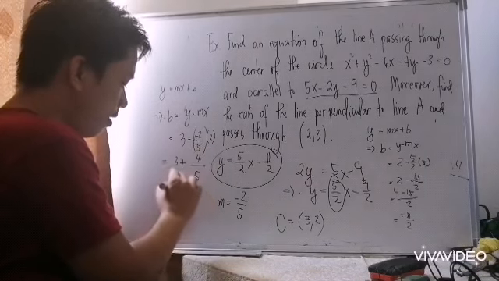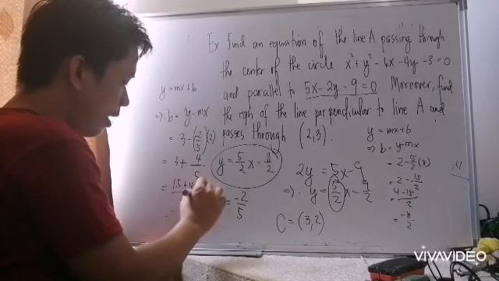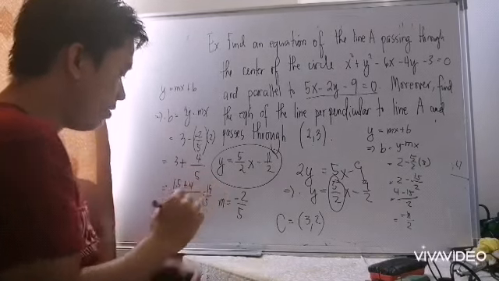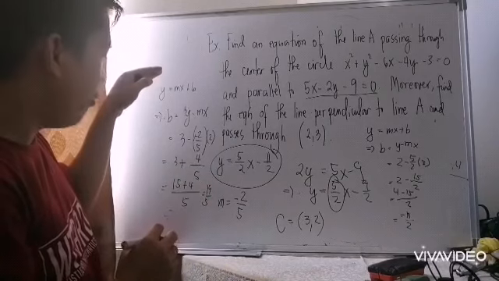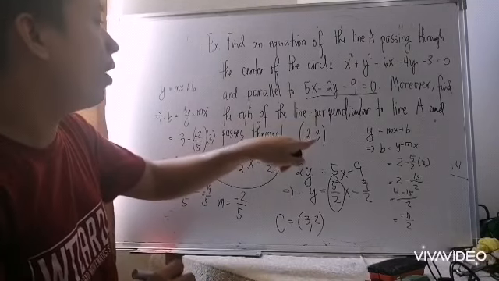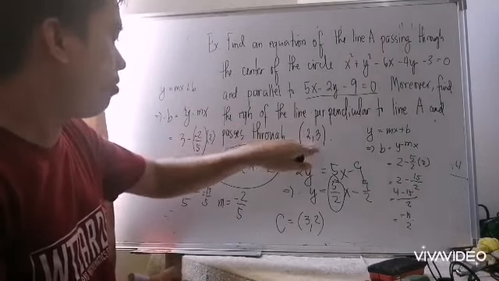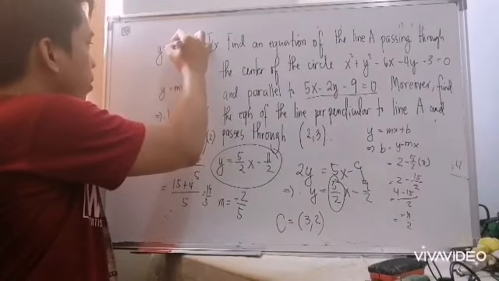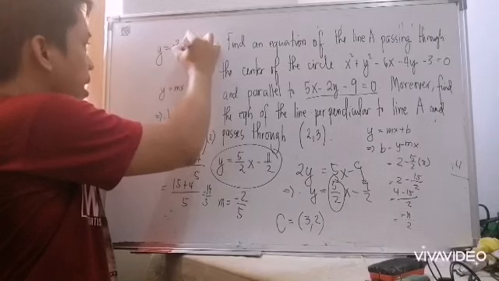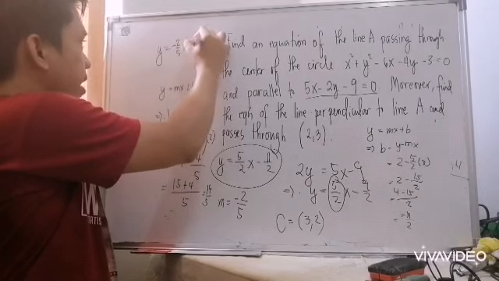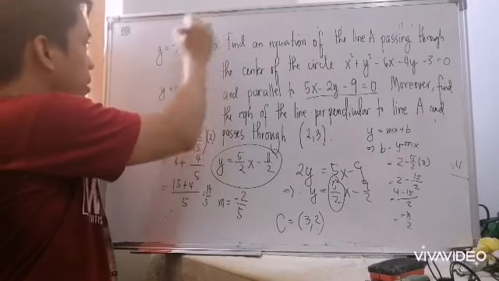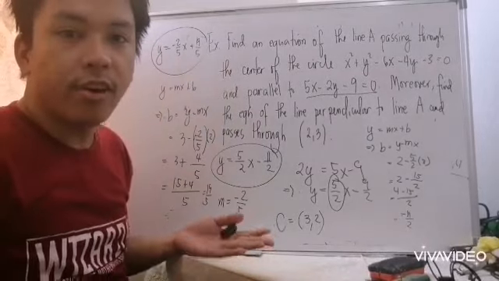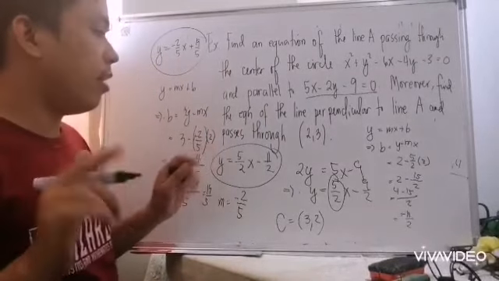So this is 15 plus 4, so you'll get 19 over 5. So this is now your y-intercept. Therefore, the equation of the line perpendicular to line A that passes through this point is y equals negative 2 over 5 x plus 19 over 5. That's it. If you have a question, you can comment down there.